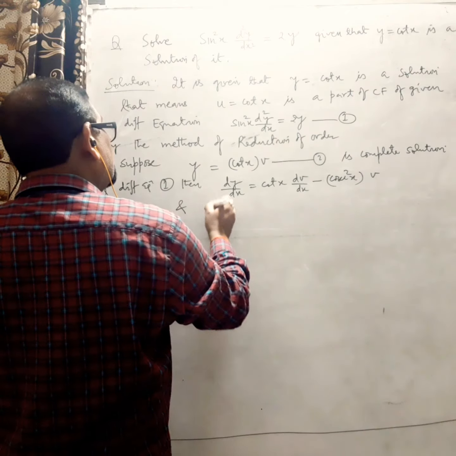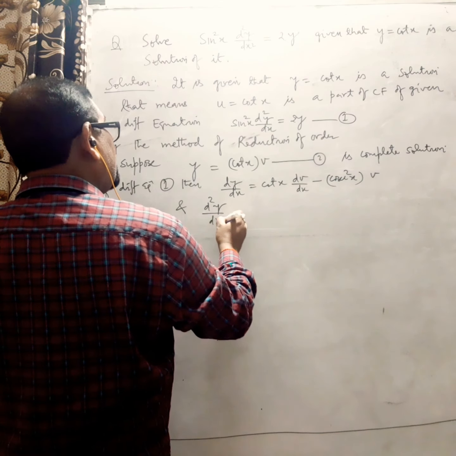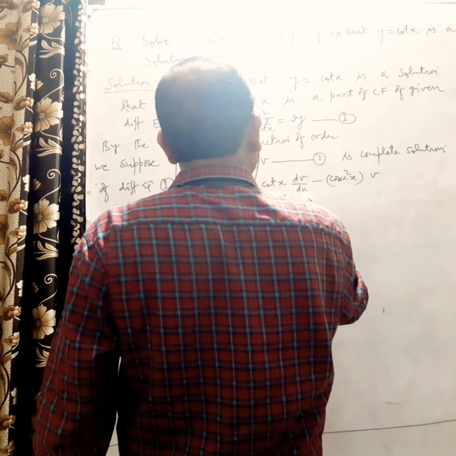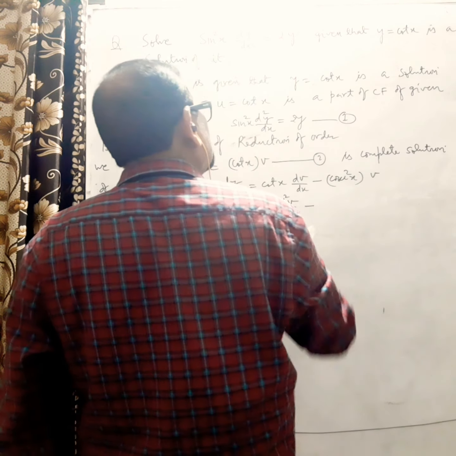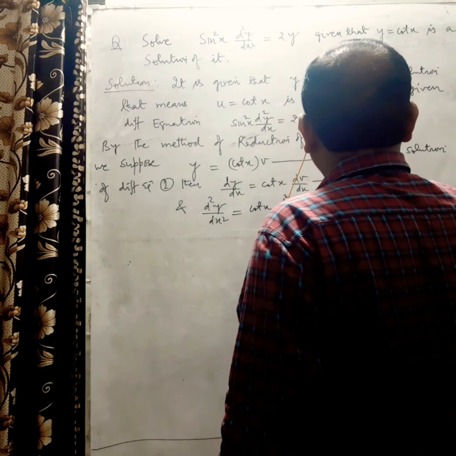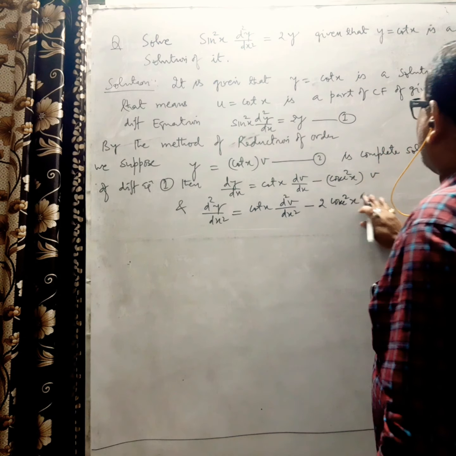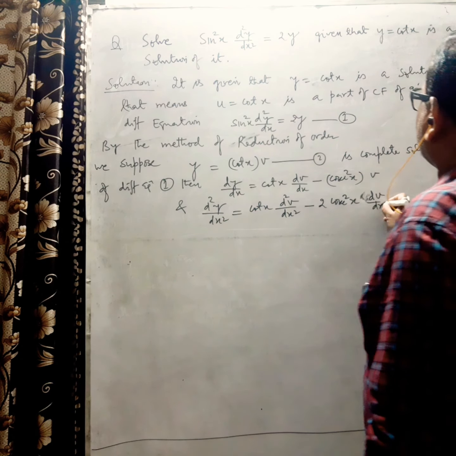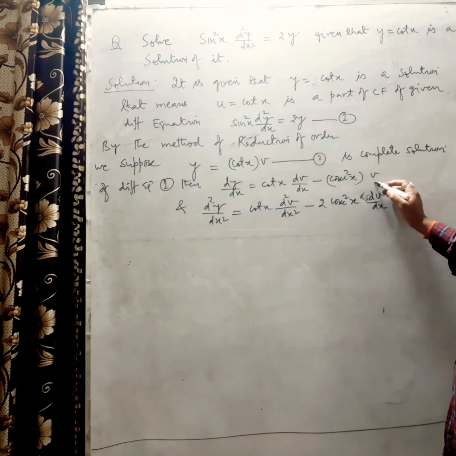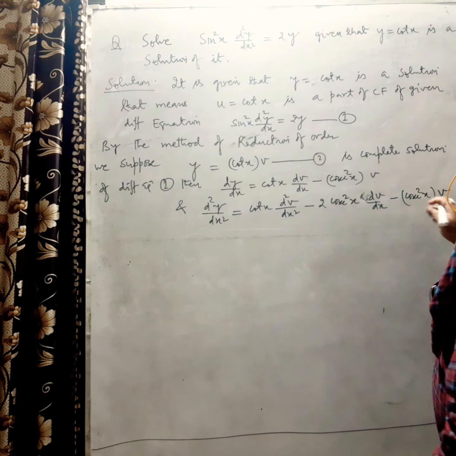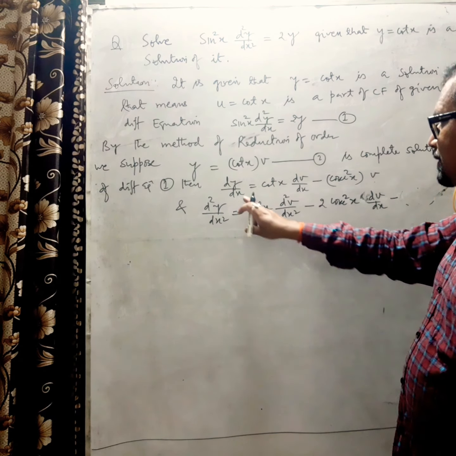and d2y upon dx square is equal to cot x d2v upon dx square minus 2 cosec square x dv upon dx plus 2v cosec square x cot x. Sorry, I have taken the differentiation of this one.